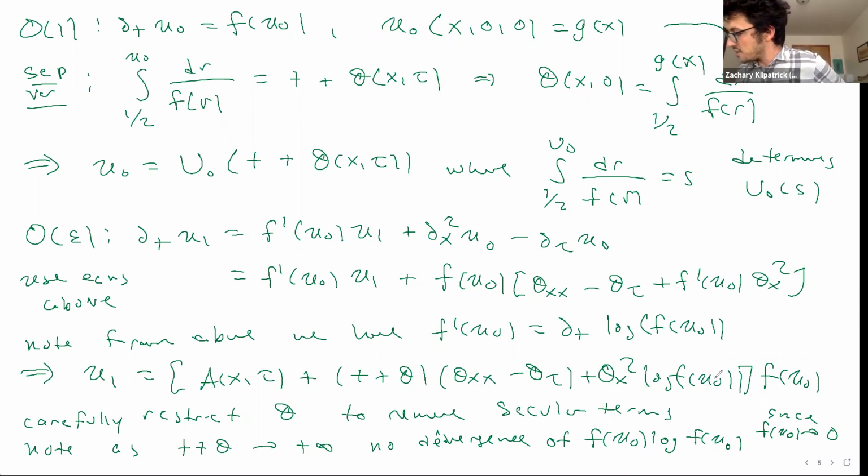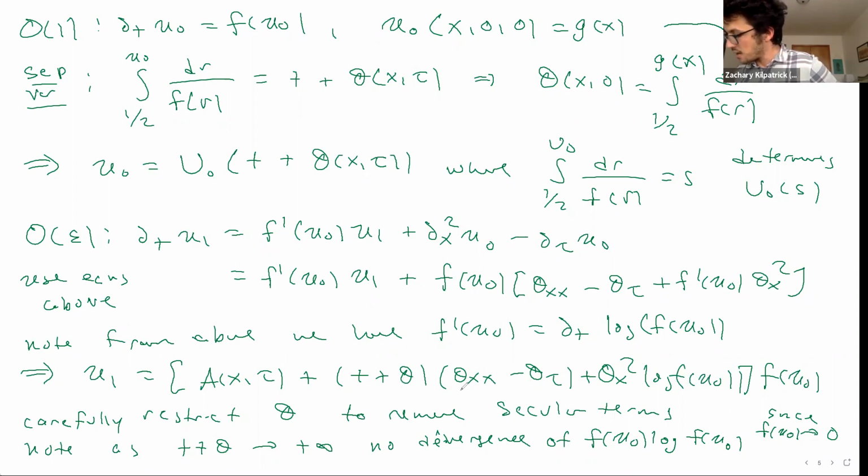One end is going to occur when t plus theta goes out to positive infinity, but then all of this is going to vanish, and so it's not going to affect this. But then in the limit as t plus theta goes to minus infinity, you have this competition between f of u0 going to 0 and log of f of u0 going to 0 that's going to give you some constant term, which is going to be f prime at 0.